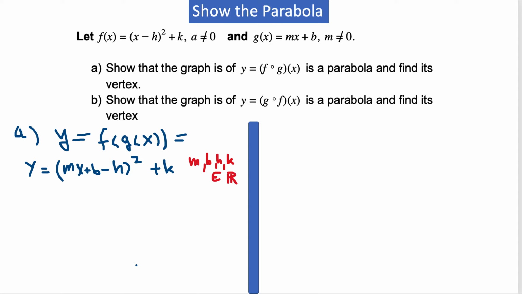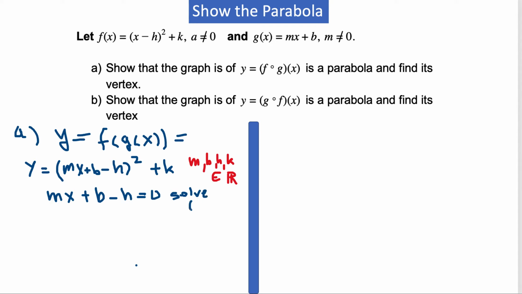Now, moving a little further, I have (mx plus b minus h). To find the x coordinate of the vertex, I take mx plus b minus h and equate it with 0, and solve for x.